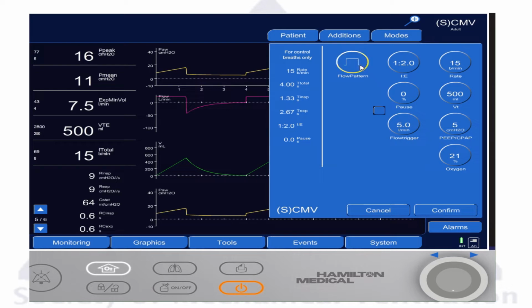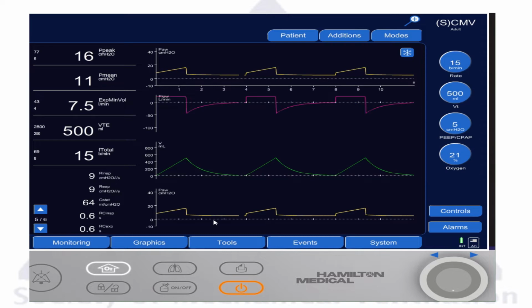So let's start with the square, constant flow, and this is a patient with normal respiratory mechanics. You see the compliance is about 64 and the resistance is about 9, which is not too bad. Here's the airway pressure, which looks like a triangle, and as we talked about, the first part looks like the effective resistance, and the end part is more of the elastance or compliance of the respiratory system.